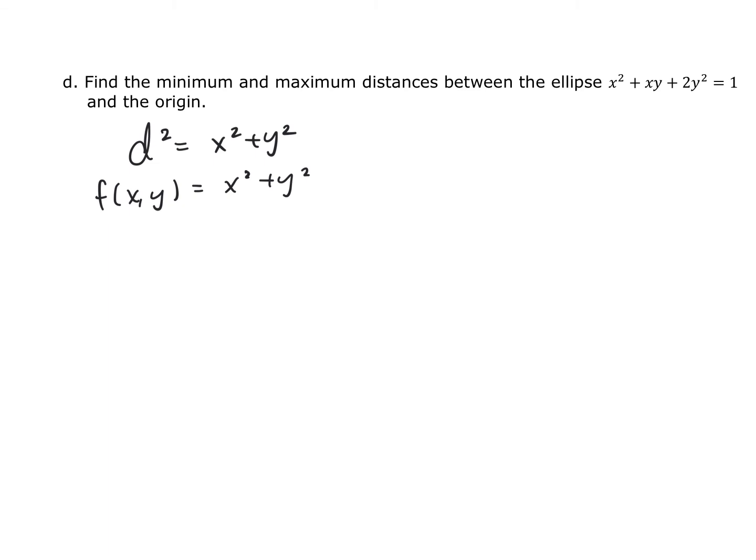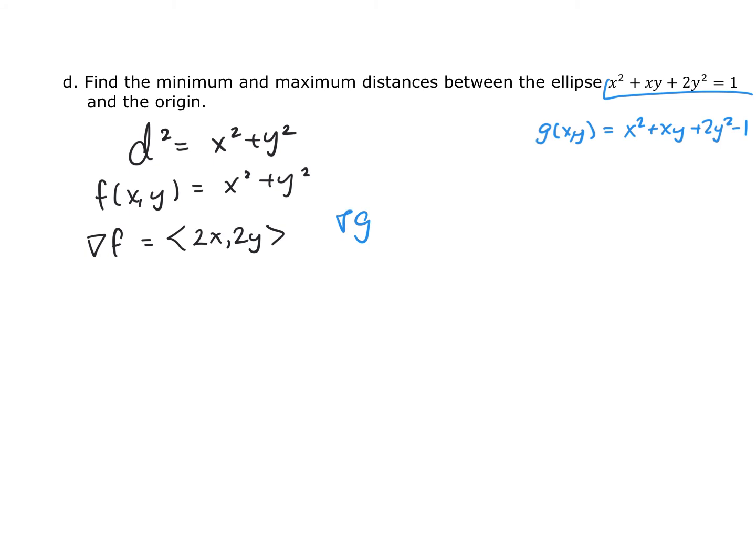The thing that is going to constrain me is this. That actually is my g of x, y. So g of x, y is going to be this equation, which is x squared plus xy plus 2y squared minus 1. Then I'm going to do my usual partial derivatives. So the gradient of f is going to be equal to 2x and 2y.